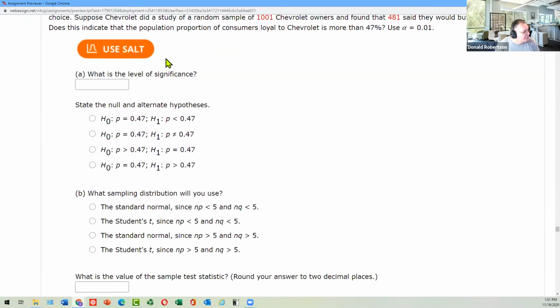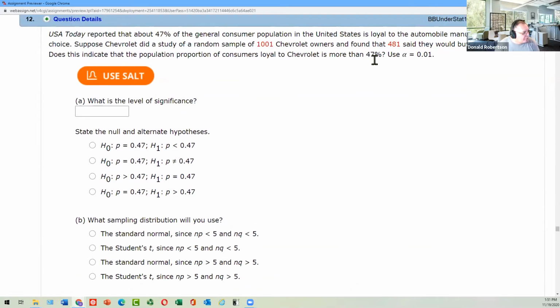Suppose that Chevrolet did a study of a random sample, oh, it's a huge sample, of 1,001 people. And they found out that 481 of that 1,001 said they'd buy another Chevrolet. Significance level 0.01.